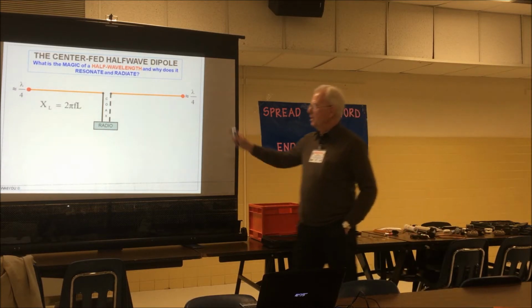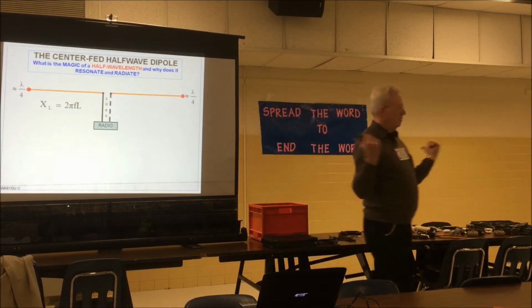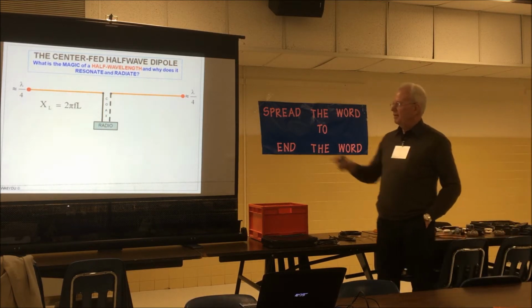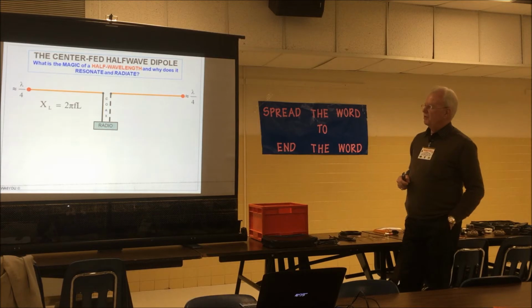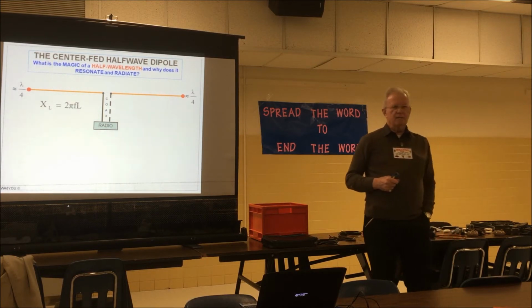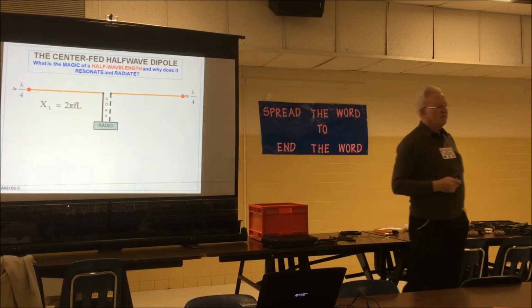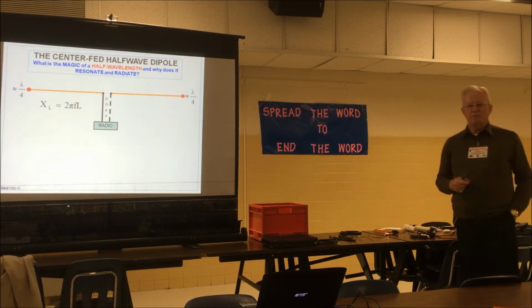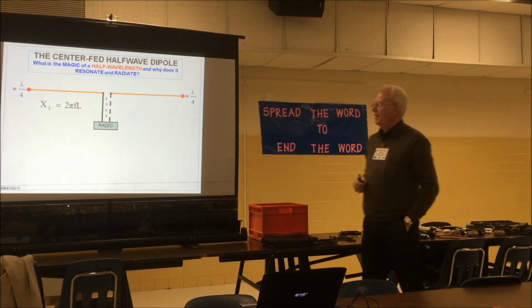First off, we're going to take 2 wires and run them in opposite directions, connected by coax, and we have the radio source. And this is the formula, and many of you saw it on your test. It's the formula for inductive reactance, X sub L, in ohms.